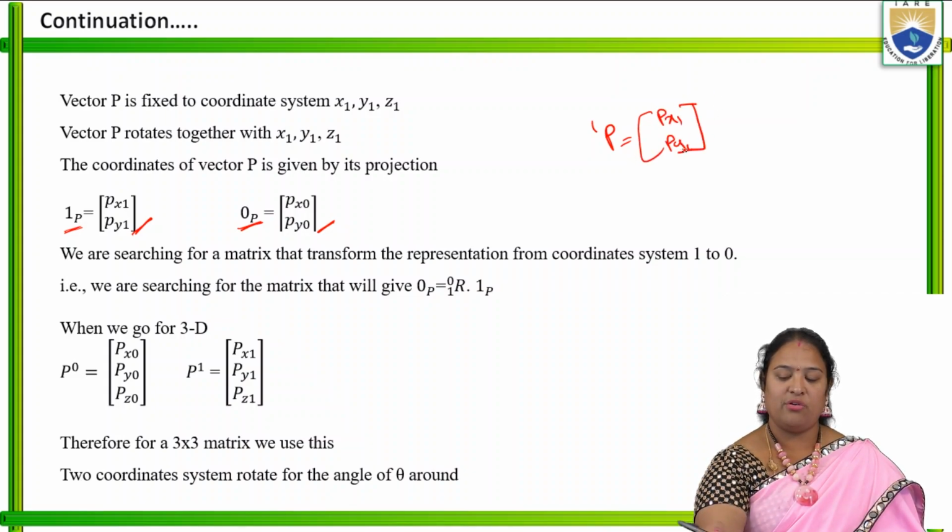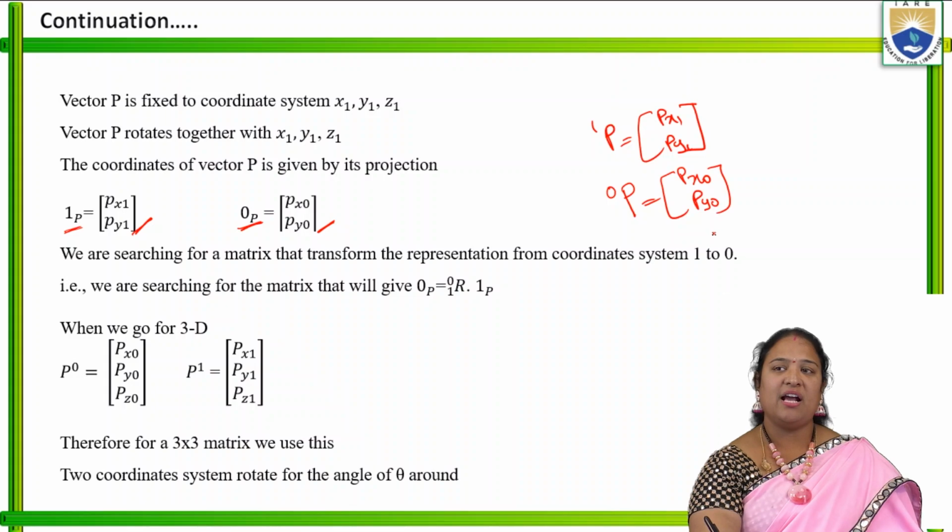This is considered for a two-dimensional figure. And when we consider frame 0, the vector p superscript 0 is equal to px0, py0.